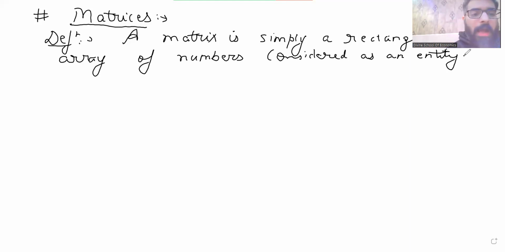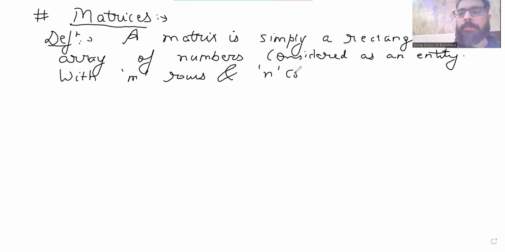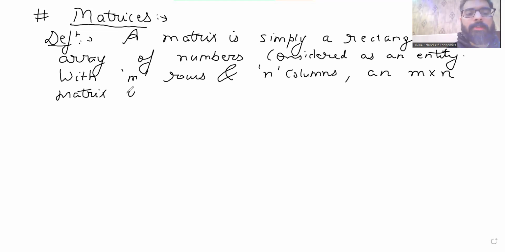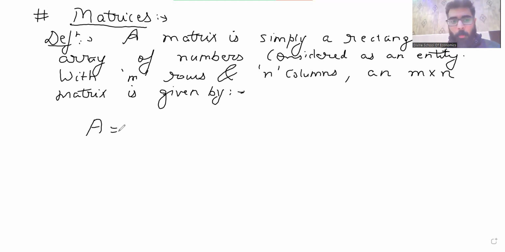I can write it with m rows and n columns, an m cross n matrix, given by the matrix A. Now all students can see how I'm going to write the elements of this matrix.